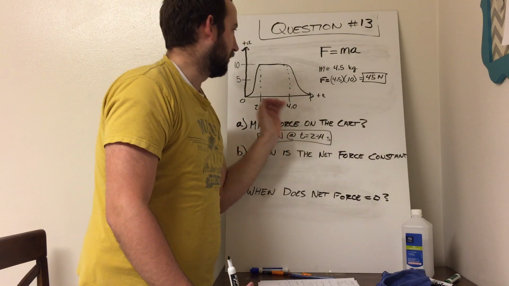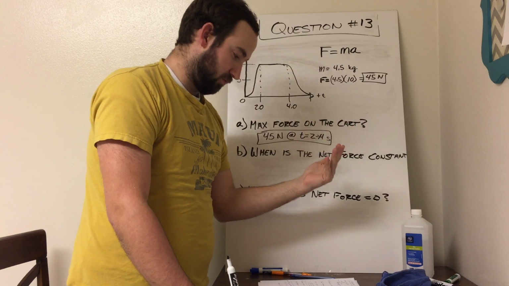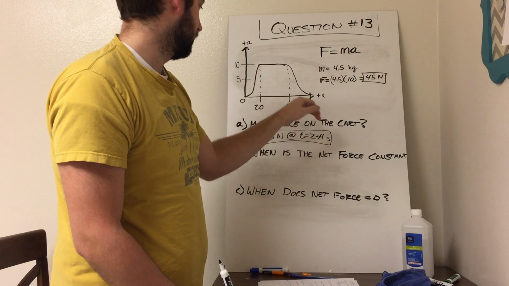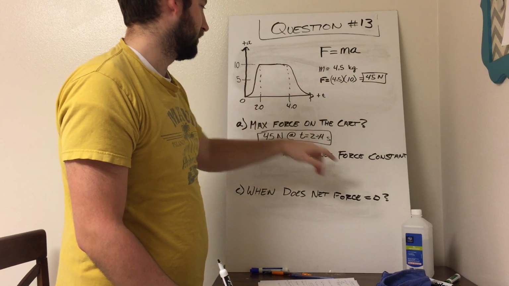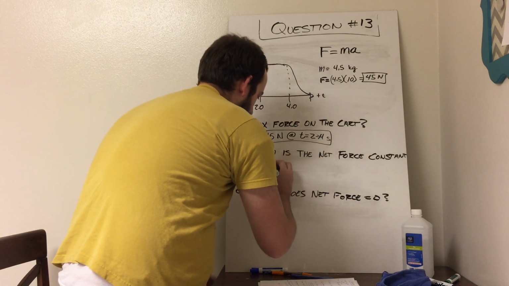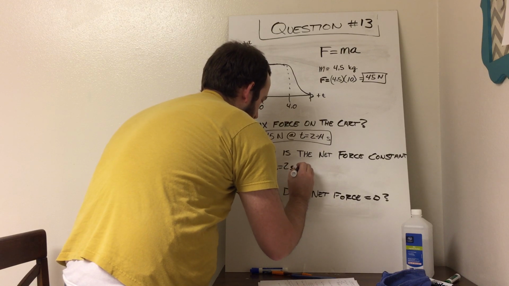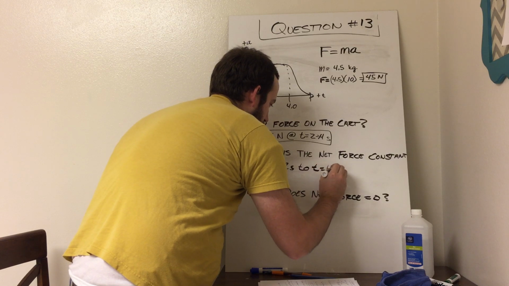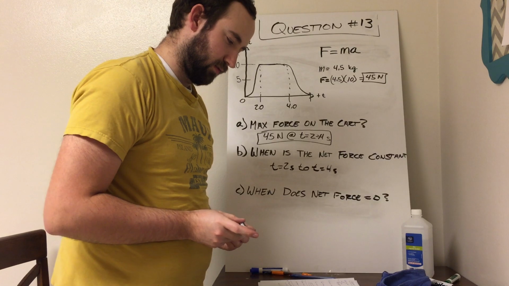So when the acceleration is constant, the force will be constant. And so once again, just like part A, the net force is a constant from 2 seconds to 4 seconds.